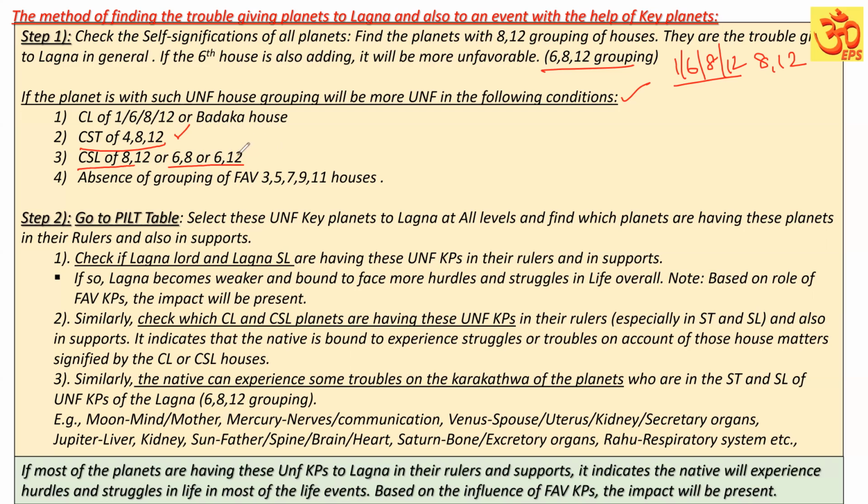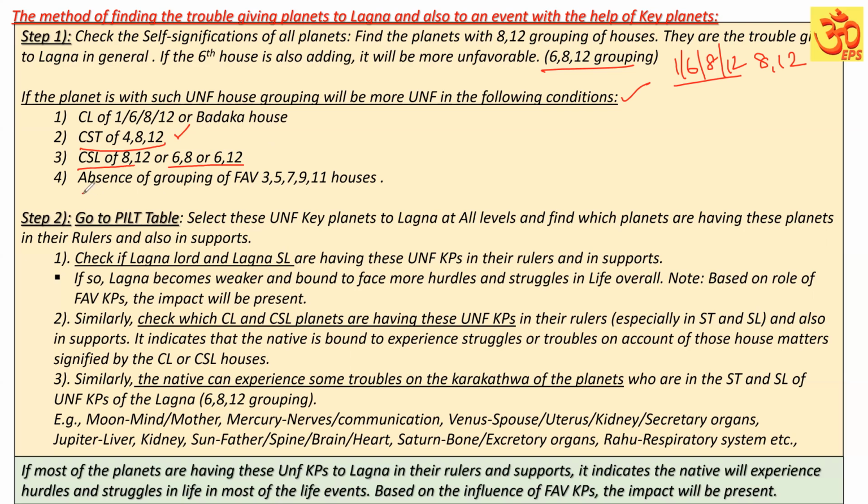In these cases, the planet having the 8 and 12 grouping in self-signification will become more unfavorable to the Lagna. Now we are talking about whether an individual planet is unfavorable to the Lagna or not, based only on its self-signification. In what condition it becomes more unfavorable, we have studied.